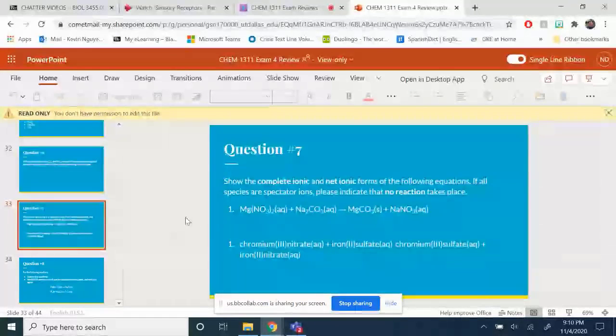All right, so the next one, they want us to write out the complete ionic and net ionic form for these reactions. Excuse me, let me get another piece of paper.